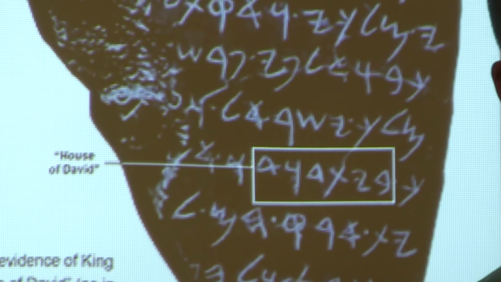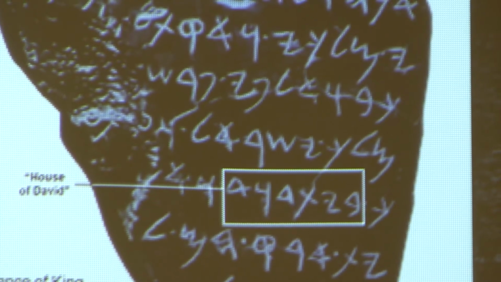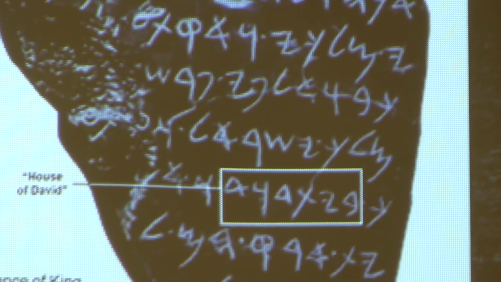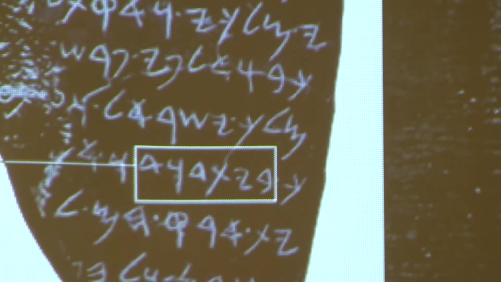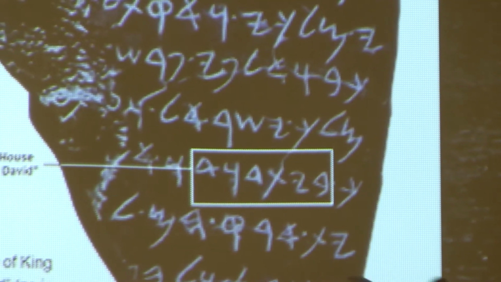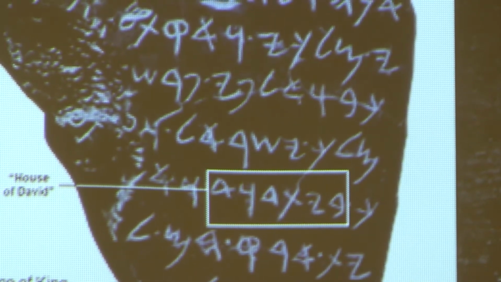The Moabite stone has been around since the 19th century, but nobody had known until recently that the house of David was on that. So the Tel Dan Stele was not the earliest, but it is the first time that the name David was mentioned outside of the text of the Bible.